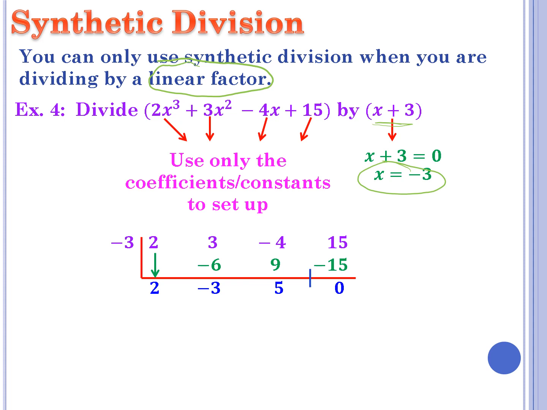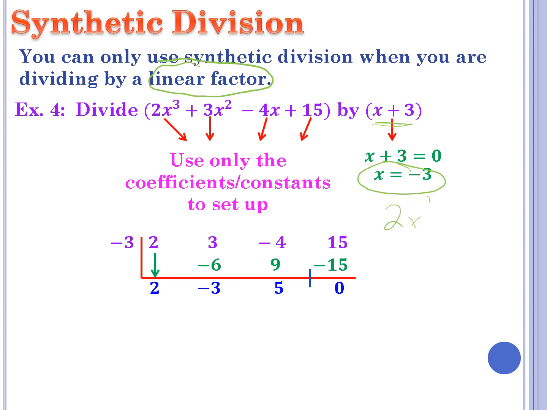So the reason I do that is because the very last column, the number that's there, represents your remainder. Now you're like, well, how do I get this back into a polynomial? Let me show you. You noticed when we divide by x, we knock everything down a power.